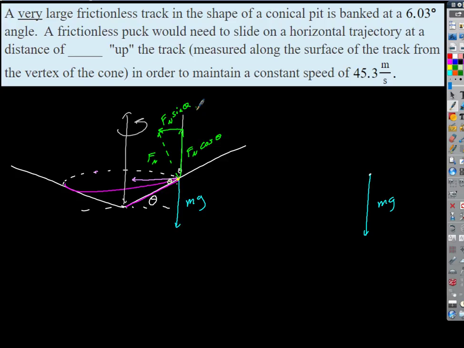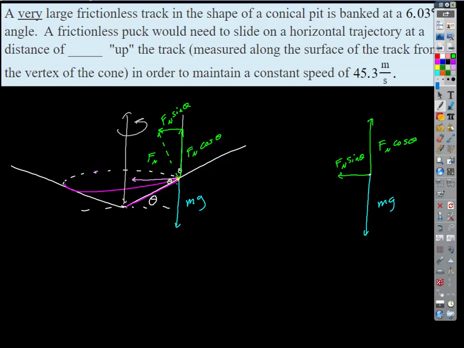So in our free body diagram, there's normal force sine theta, there's normal force cosine theta. Okay, everybody agree? So what's the centripetal force equal to? Normal force sine theta. Yeah, okay.